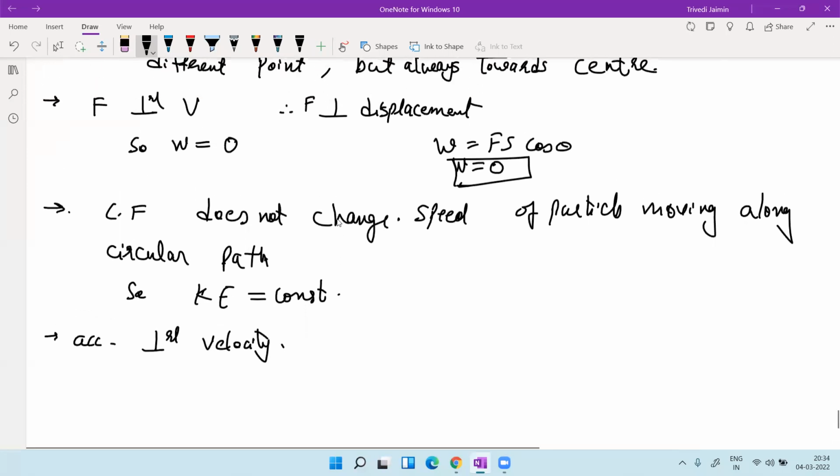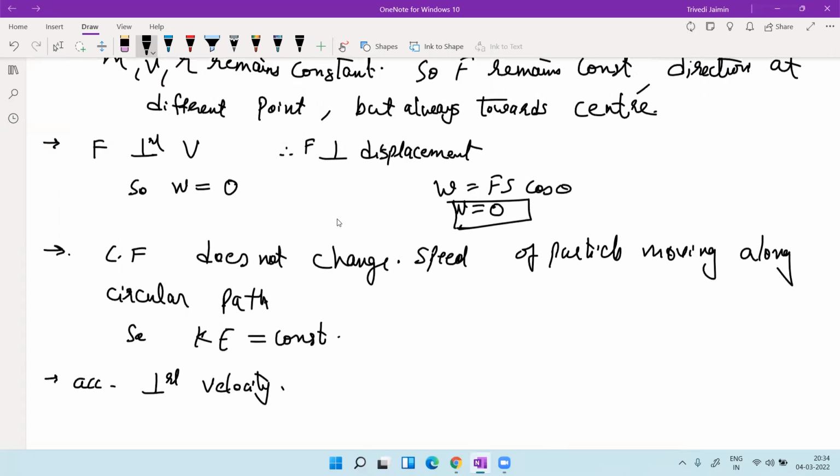So can someone tell me some example of centripetal force? Yes, let's start with Pravalika. Give an example of centripetal force. Sir, ball spin. Okay. Next, give me one example of centripetal force.